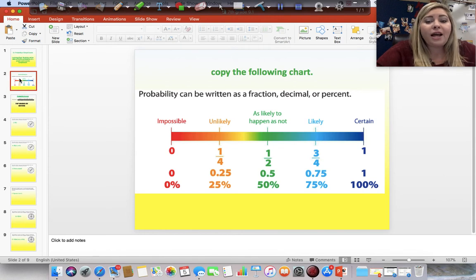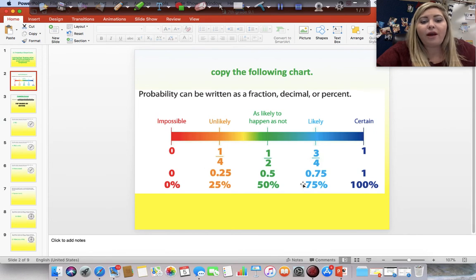Probability can be written as a fraction, a decimal, or a percent. It's nice to color code this. If it's a 0 or 0% chance, it's impossible. It's not going to happen. If it is 1 or 100%, then it's absolutely going to happen.